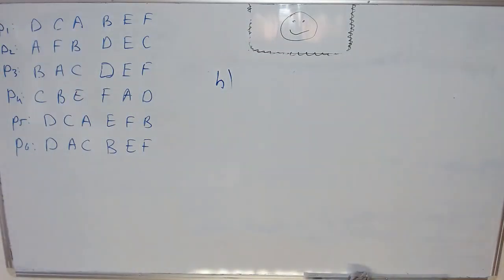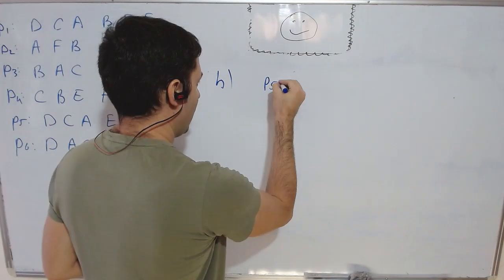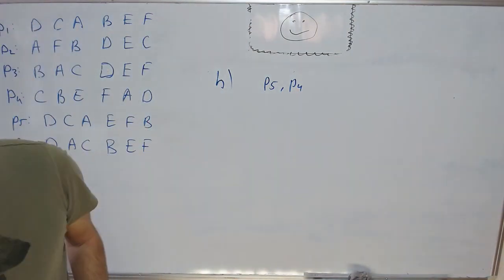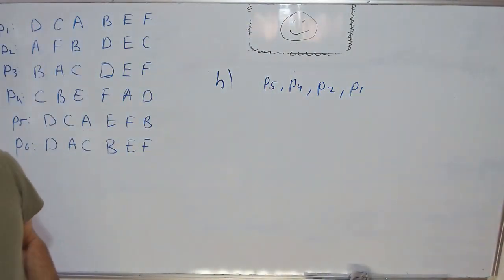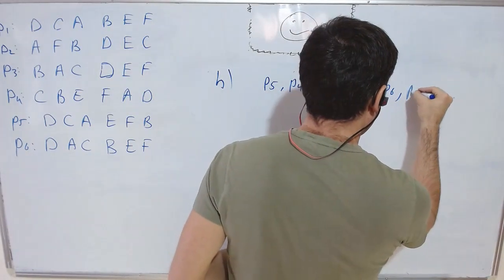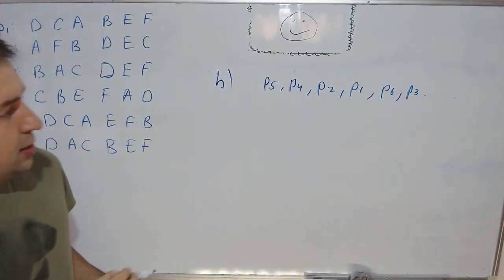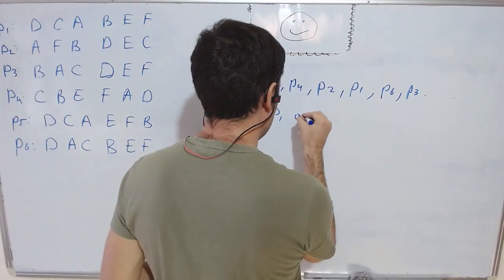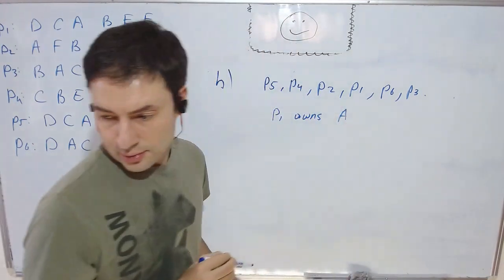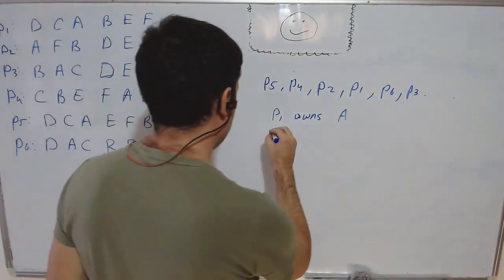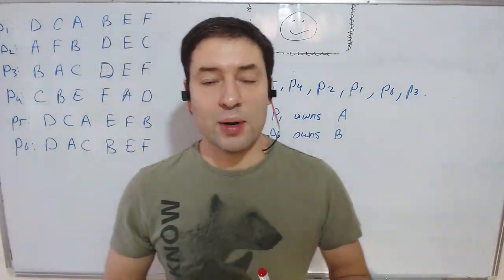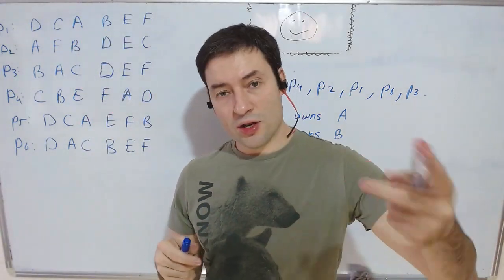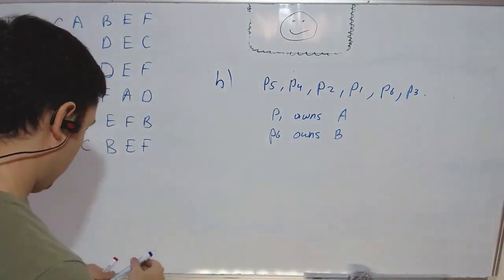So we just need to run the priority line algorithm for the priority order: P5, P4, P2, P1, P6, P3, and we have extra conditions that P1 owns A, P6 owns B. The way we run priority line is: you request my house, you give me the turn. So let's start running it.